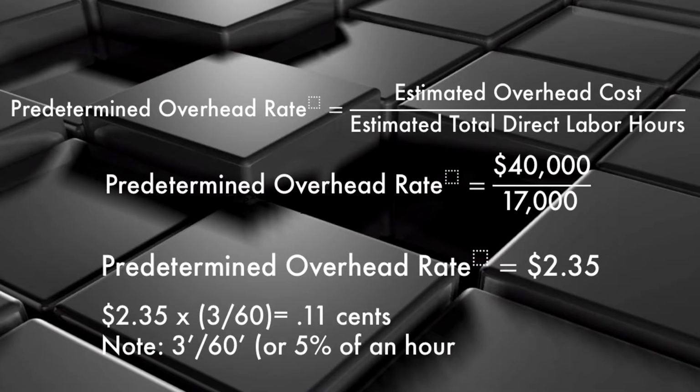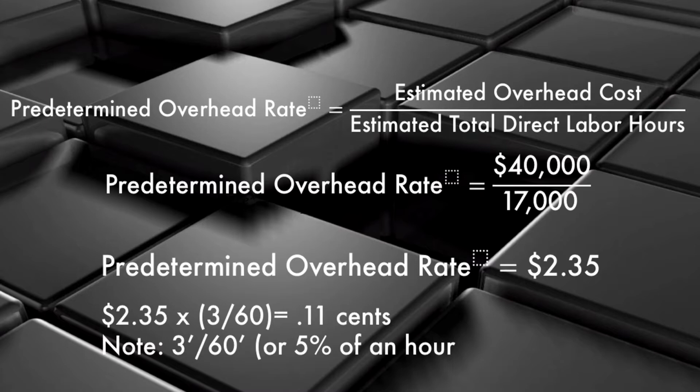Predetermined overhead rate is the total overhead cost divided by the total direct labor hours. Total direct labor hours are the hours that all frontline workers report on their timesheet. This is the total number of hours that frontline workers spend making cappuccino in 1 year.